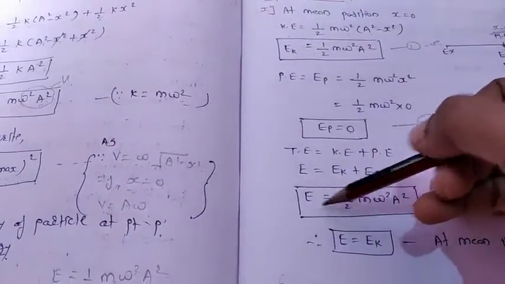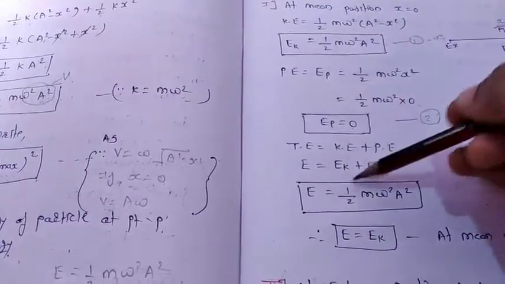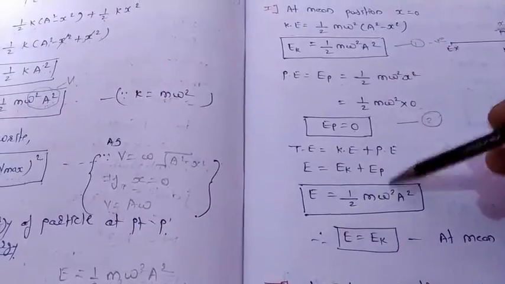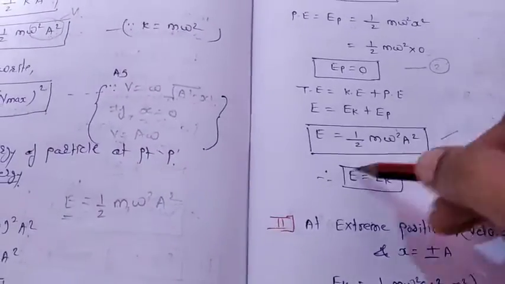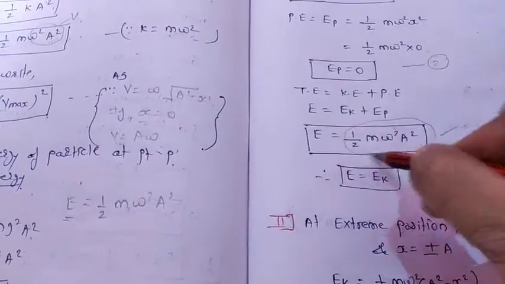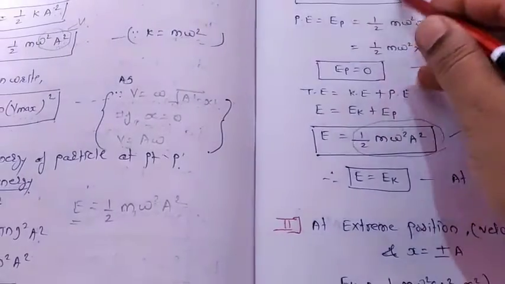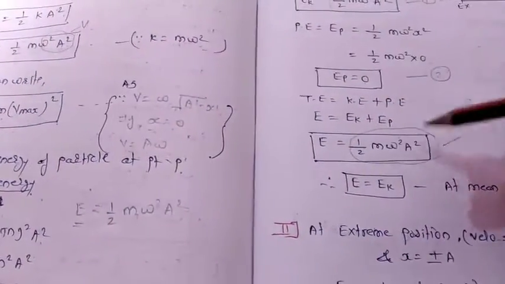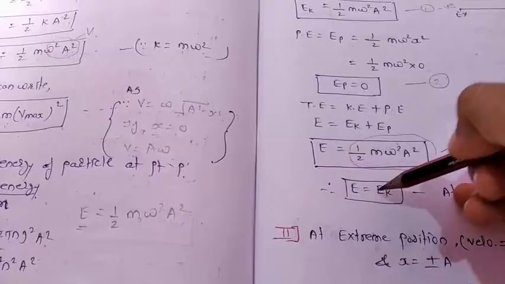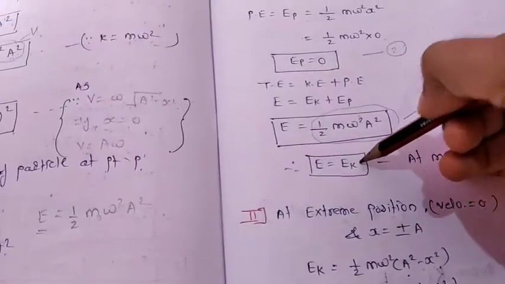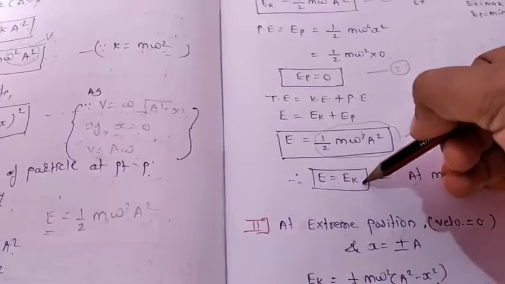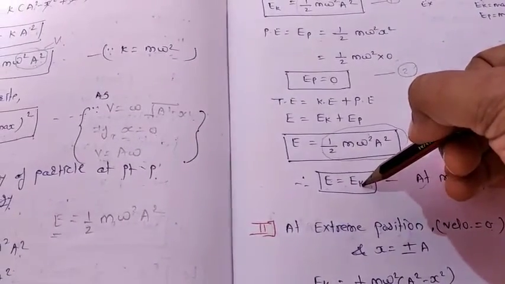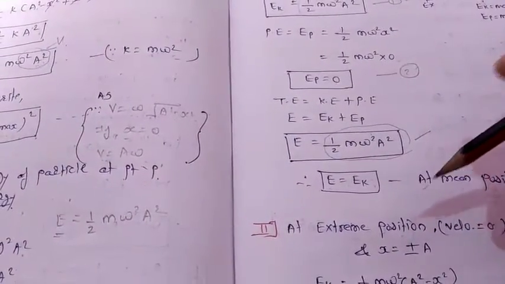So the formula for the total energy is 1/2 m omega square a square, which is the formula for kinetic energy also. So we can say the total energy is equal to the kinetic energy. That means at the mean position, the total energy of the particle is equal to the kinetic energy, as potential energy becomes 0.